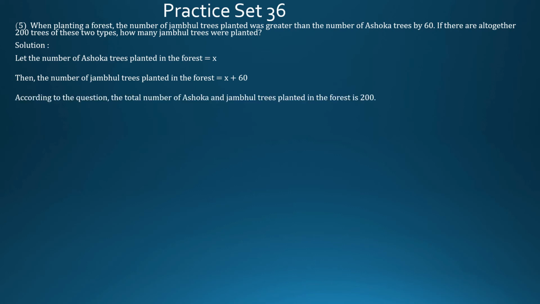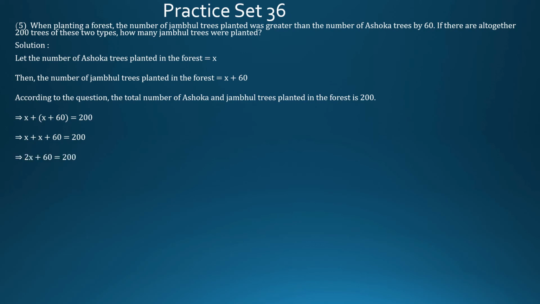According to the question, the total number of Ashoka and jambul trees planted in the forest is 200. So we will have x plus x plus 60 is equal to 200, because x is the number of Ashoka trees and x plus 60 is the number of jambul trees, and in the question they have given that the sum of Ashoka and jambul is 200.